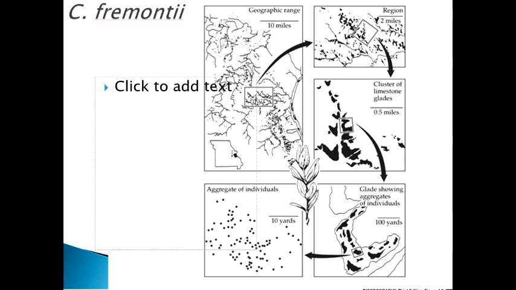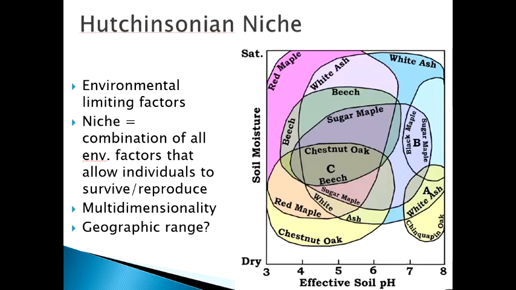There is the state of Missouri and the large scale range. Notice the changing scale lines here. And notice that no matter what level you are at, there's a patchy distribution for this thing. Pretty interesting. We can think of these things as being controlled or parceled in space by their niche, by various environmental factors.